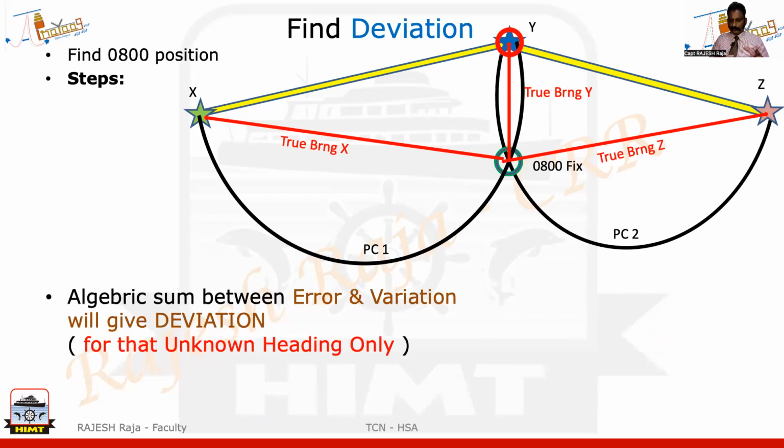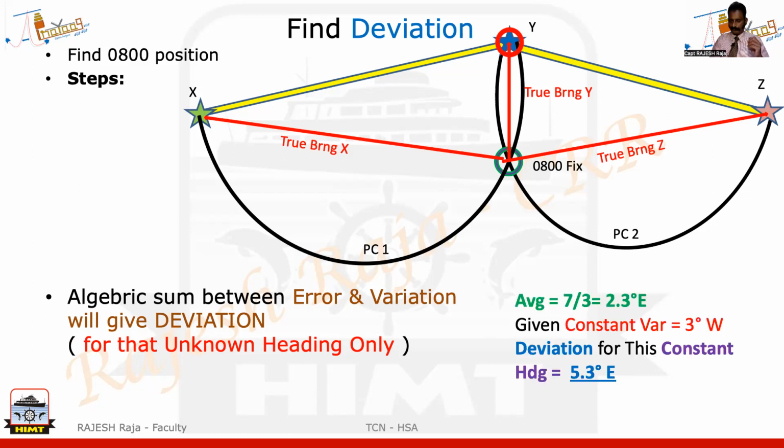Now, when you do the normal conversions between your variation, deviation, error, you will always realize that error is basically the algebraic sum of V and D. So I can use the same principle. And let us assume in this question, V was given to me as a fixed value, or I found out from the compass rose.